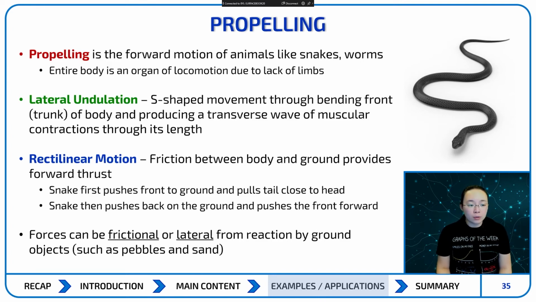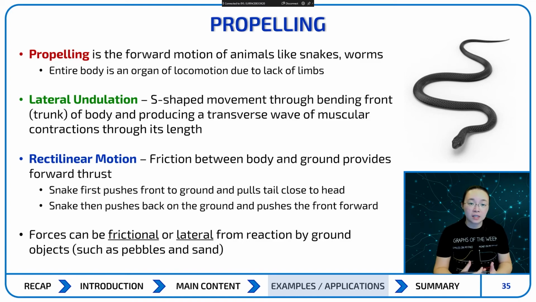With rectilinear motion, you have friction between the body and the ground, providing a forward thrust. Snakes use this too. How do they use this? The snake will first push its front to the ground. So it's basically digging its front into the ground and pulling its tail closer to the front of its body.